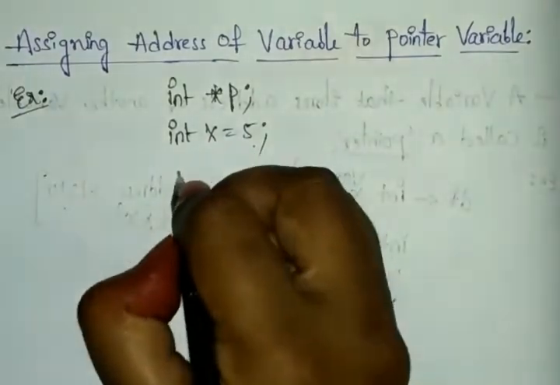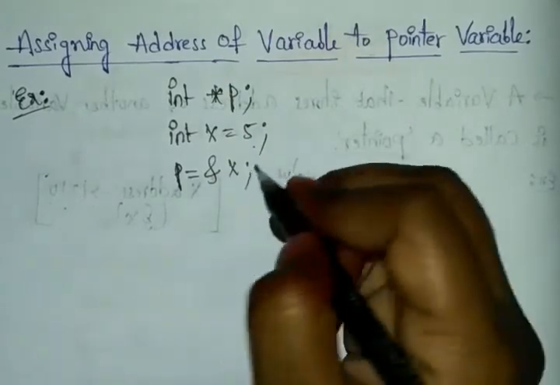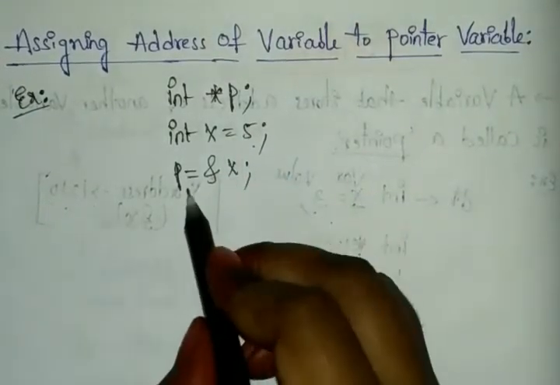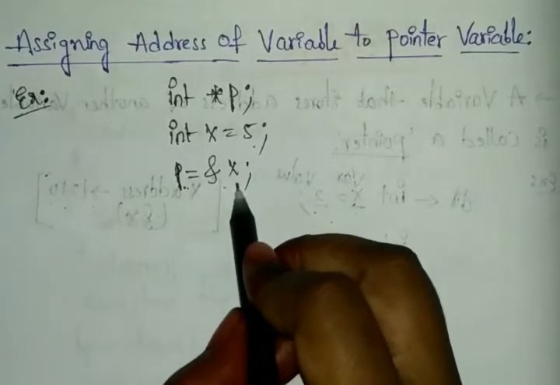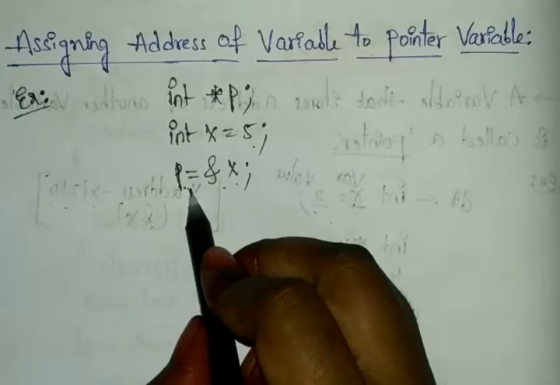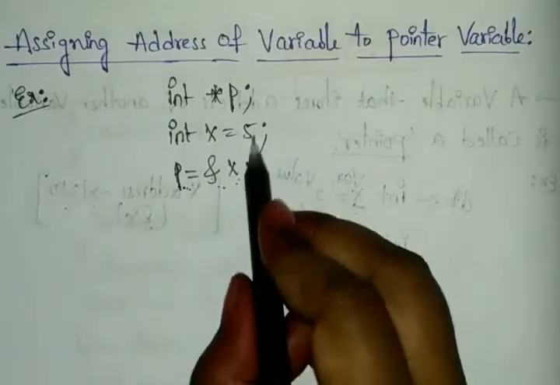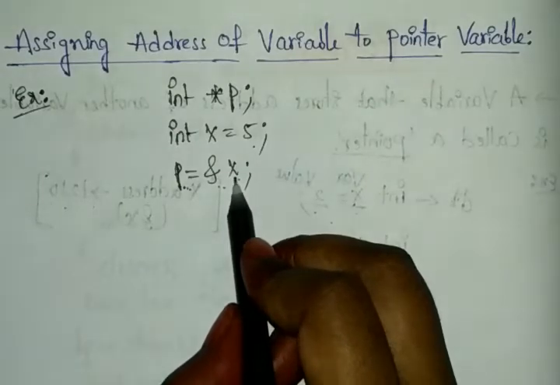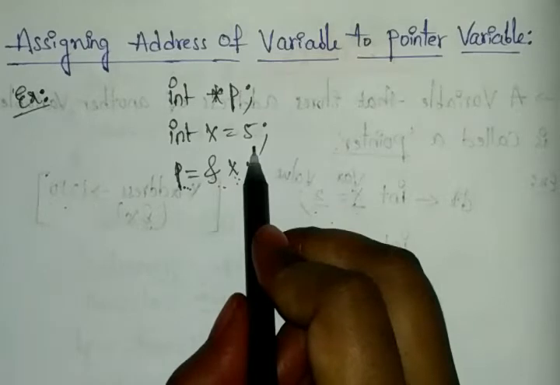Now I'm choosing p to take the address of x. Whatever you have, p will be accessing the address of x, meaning p is storing the address of x. Normally you can see x has the value 5, right?